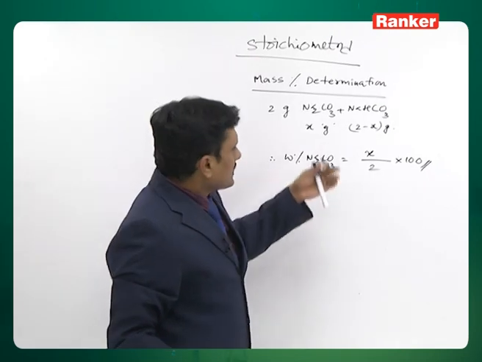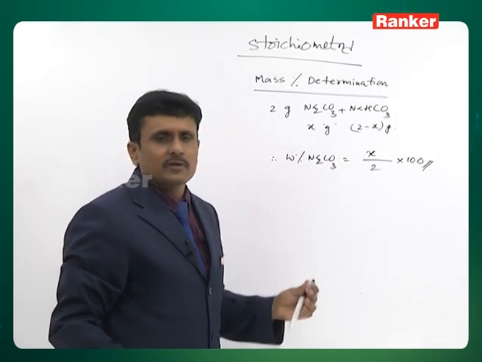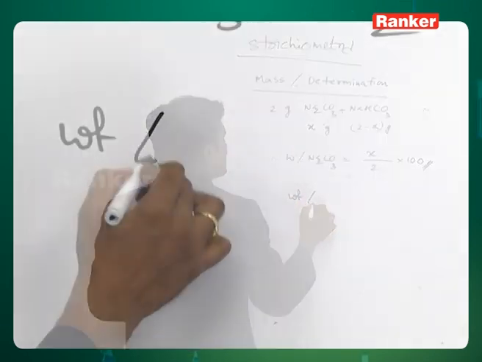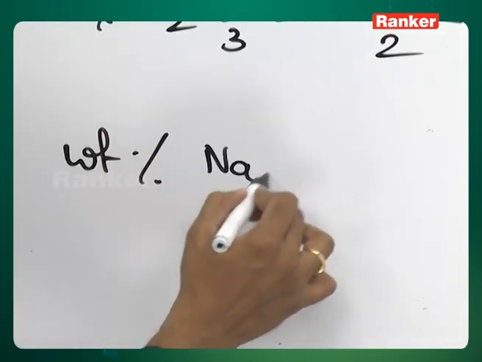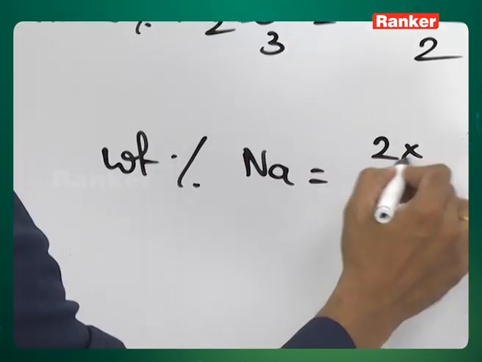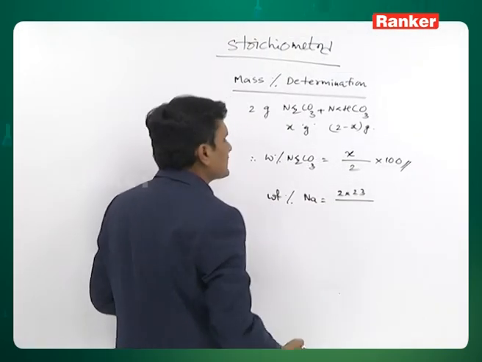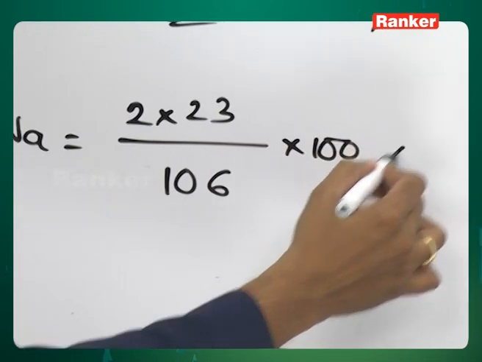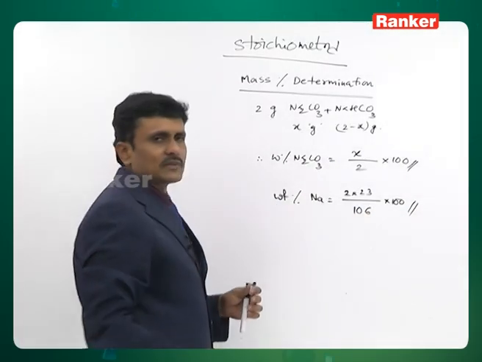Now when it comes to an element during its quantitative estimation, say I am interested in knowing the weight percentage of sodium in the given compound. There are a total of 2 sodiums, each measuring 23 gram, divided by the total molar mass of this compound, into 100, will give you the percentage of sodium in sodium carbonate.